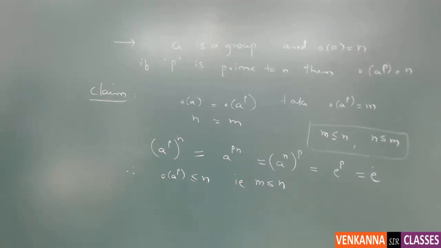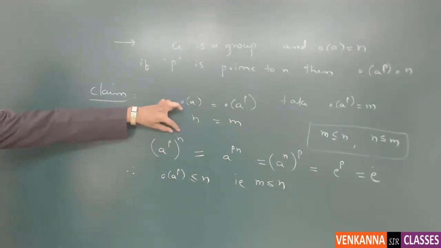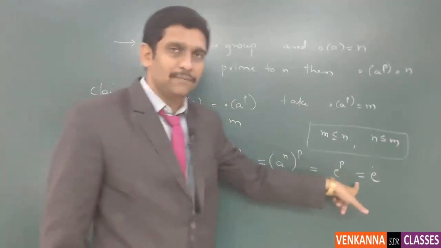If I want to show that an element has a certain order, then if you raise the element up to that power, you should get identity. Otherwise, you cannot decide whether it is the order or not. Because order by default gives identity if you raise the power, isn't it? That's why in the first place, I raised the element power up to n so that I got identity.